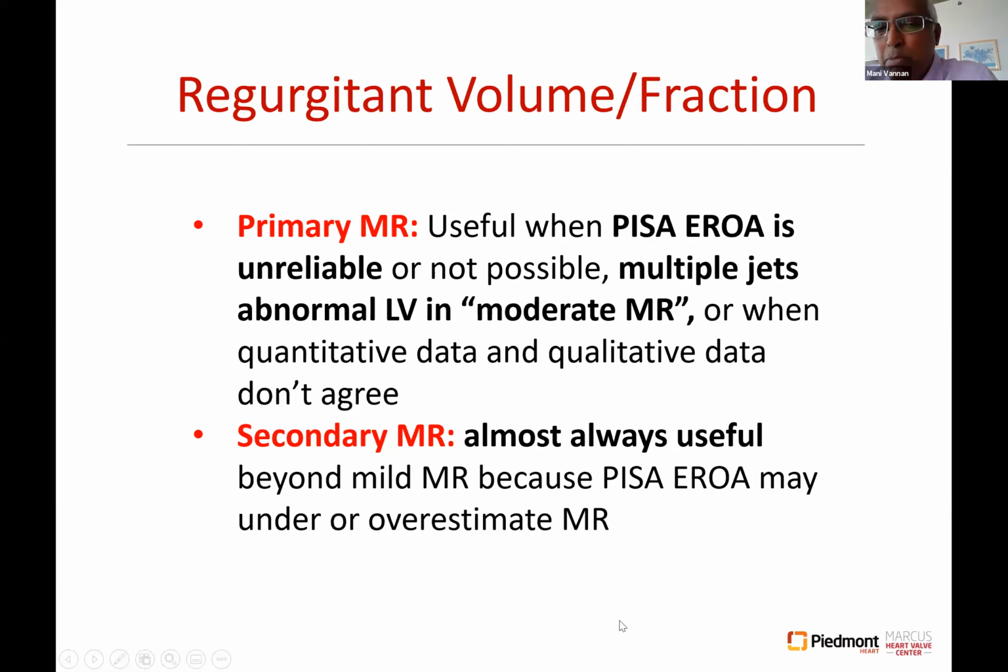In secondary MR, it's almost always useful because except for mild secondary MR, PISA EROA either wildly underestimates or overestimates moderate mitral regurgitation. So I think regurgitant volume and regurgitant fraction is something that we ought to integrate in our practice. And if we look at it that way, we don't really care whether it's MRI or 3D echo color Doppler.